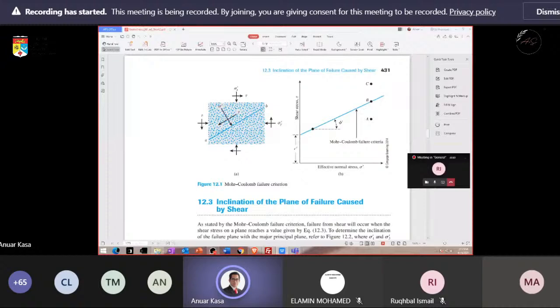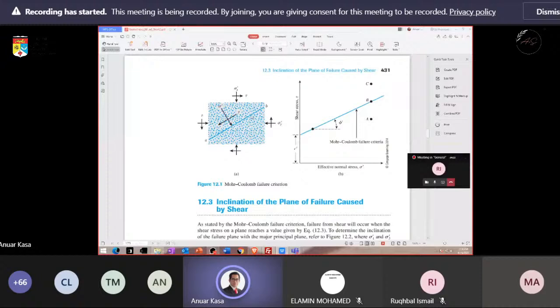So normal stress is contributed by whatever is above it, the soil above it, and also the structure. And there is also a shear when there is a vertical stress and also a horizontal stress applied to the soil element here. So the soil will sooner or later fail. The failure line is shown by AB here.